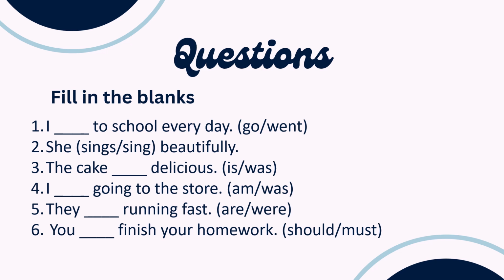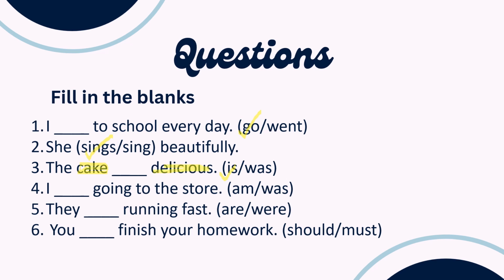Beautifully, B-E-A-U-T-I-F-U-L-L-Y, is our adverb, and she is the subject. So we will always use she sings beautifully. The next one is saying the cake dash delicious. The cake is delicious. Why? Because it is also in present form, cake is our subject and delicious is our adjective. So is is working as a linking verb here.